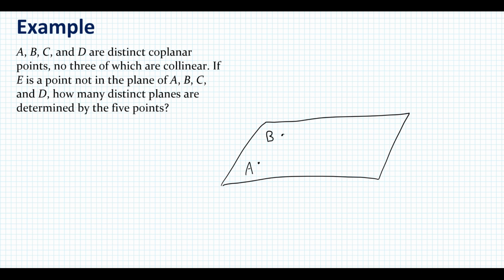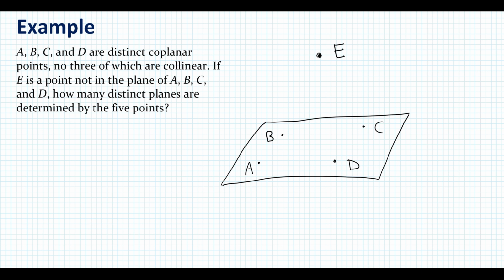So let's put point C over here somewhere, and point D, we can just place it here on this plane. Okay, so none of the 3 points are collinear in this case. Point E is somewhere outside the plane, somewhere out in space. So the question is, how many planes are determined by these 5 points?